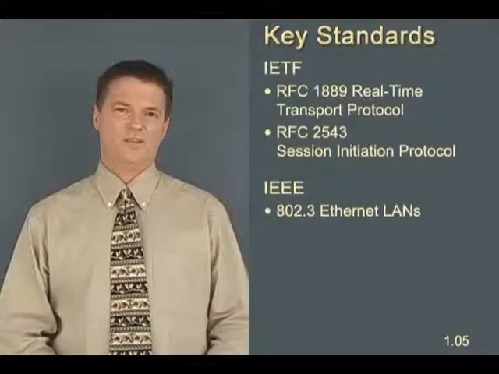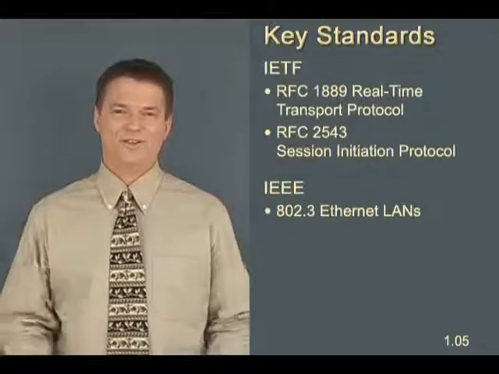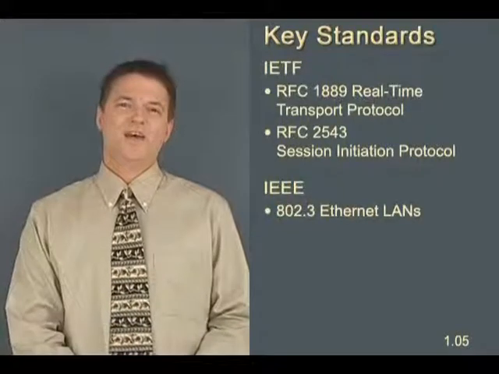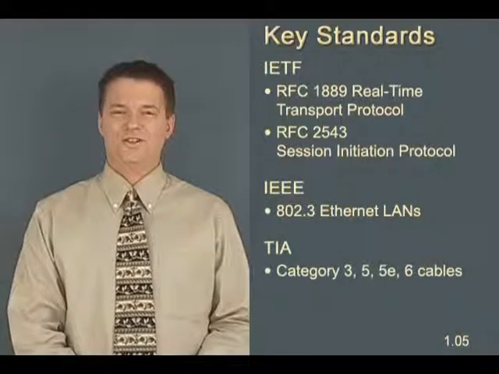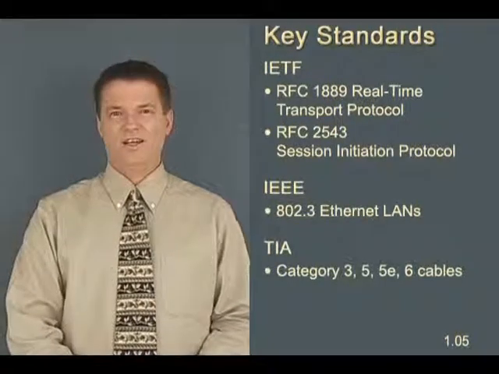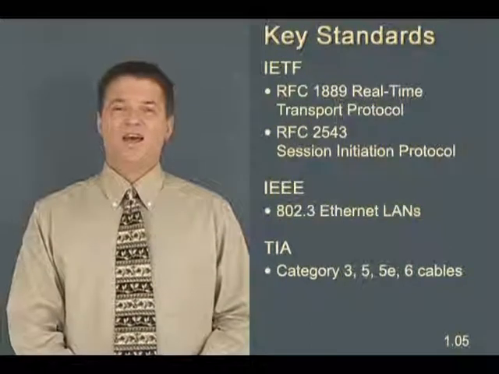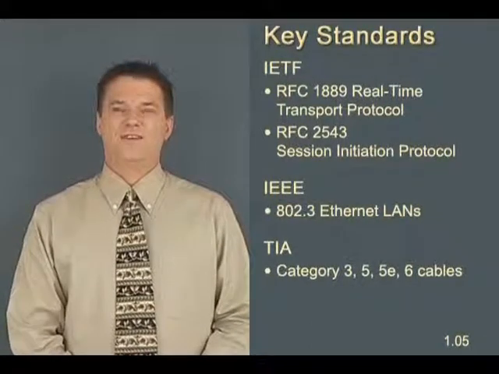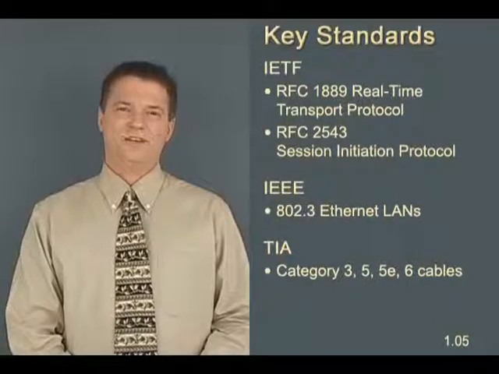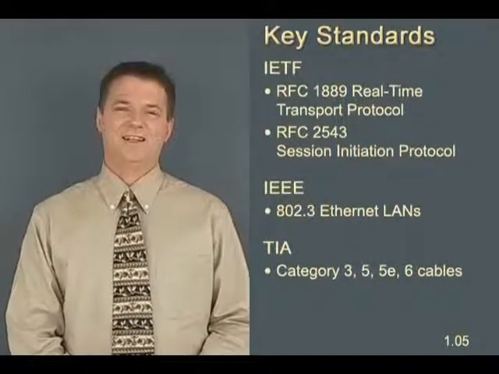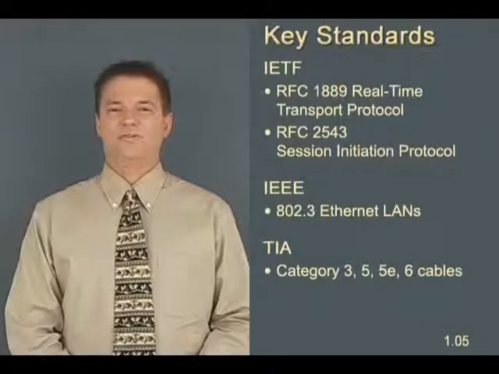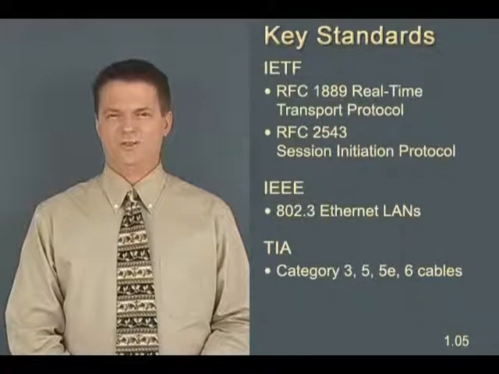And the standard for how to do copper wires inside a building for our purposes comes from the Telecommunications Industry Association, the TIA, which is a subgroup of the Electronic Industries Association. And they've got a number of standards. One of them is TIA 568. And in that standard, they defined a number of categories of cables.